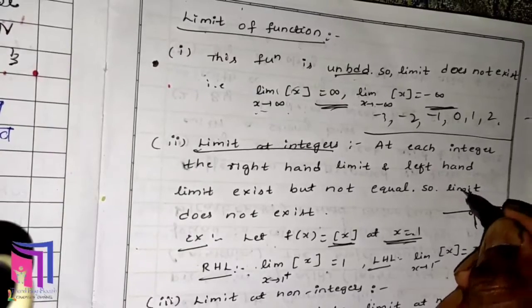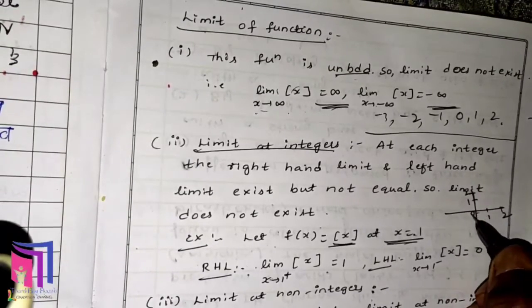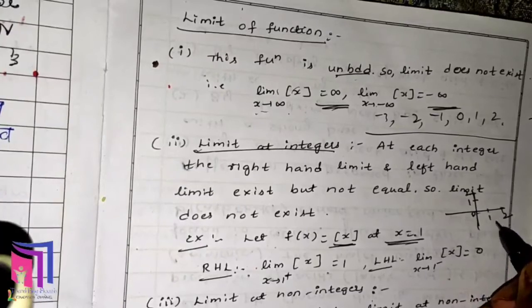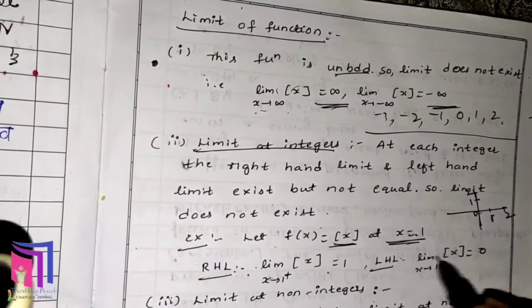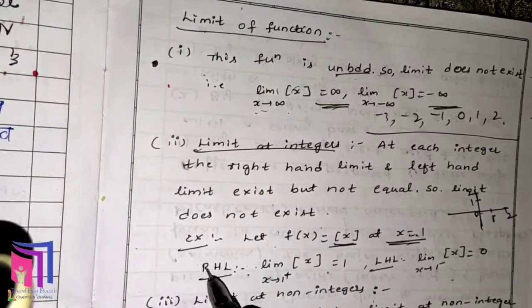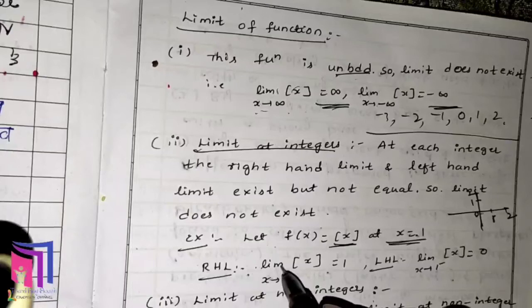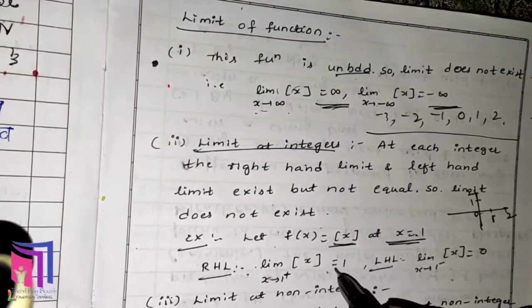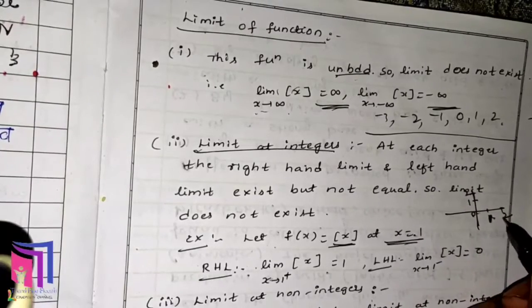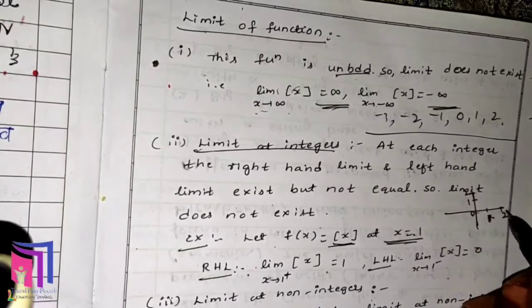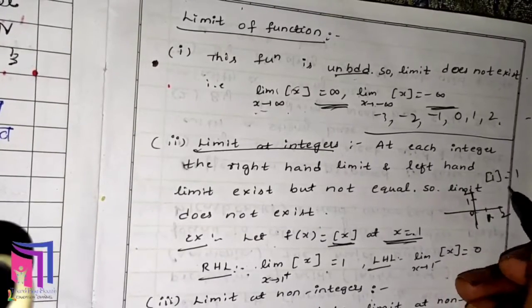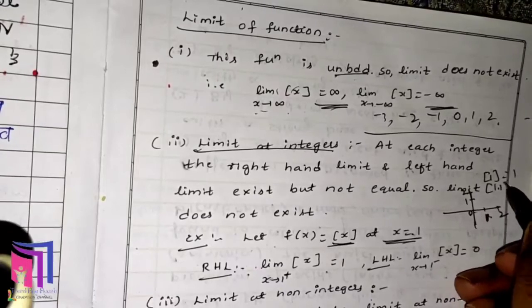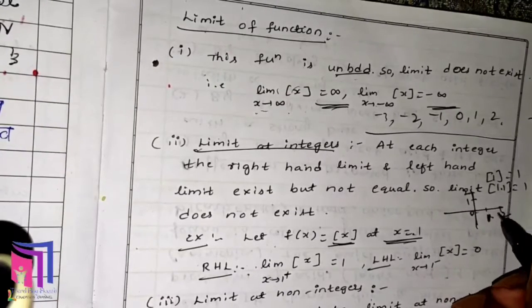Taking the limit as x tends to 1 plus, the greatest integer of x equals 1, because we take values from 1 to 2. Suppose the greatest integer of 1 is what? 1 only. The greatest integer of 1.1 is 1 only. We take values in between 1 and 2.